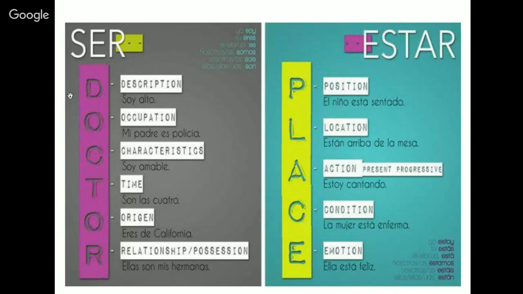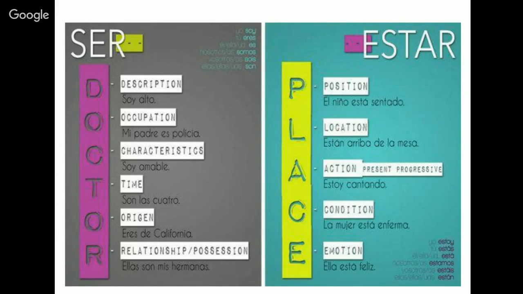So ser would be doctor, and estar would be place. With ser we have a description, about myself, or about an object, a person, a situation. For example, soy alto, which means I am tall. That of course cannot change.